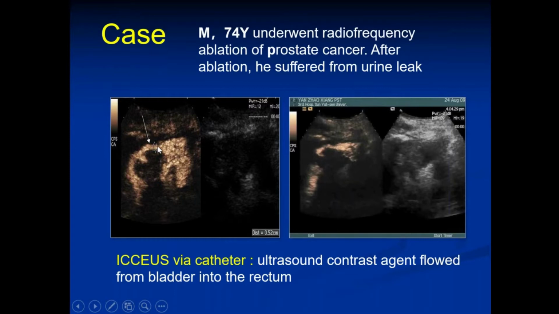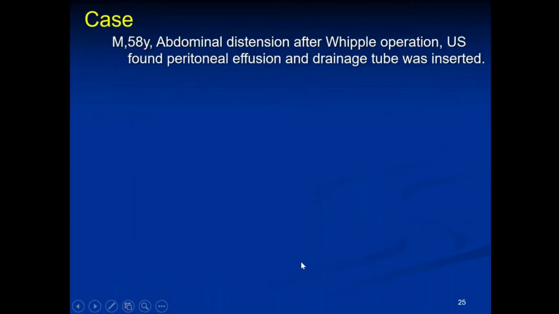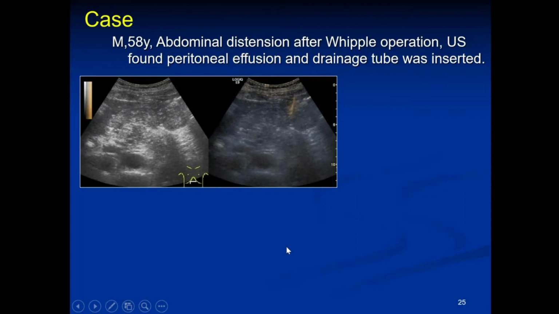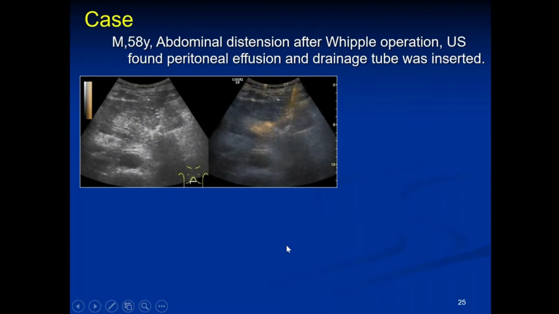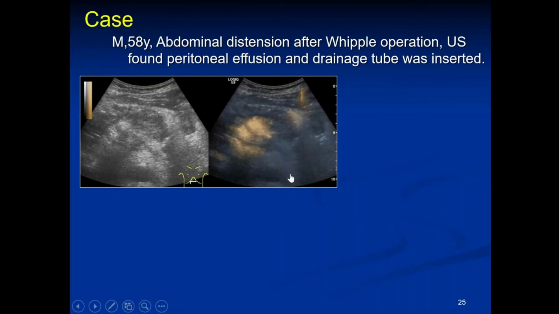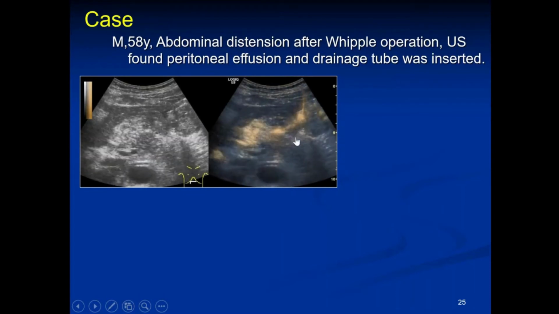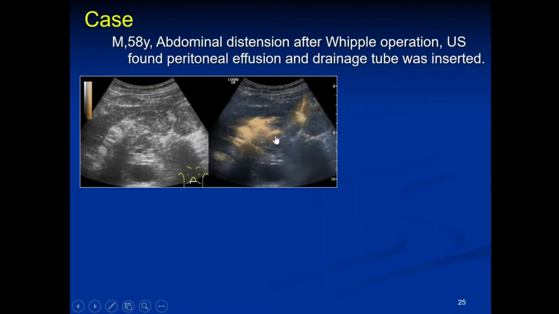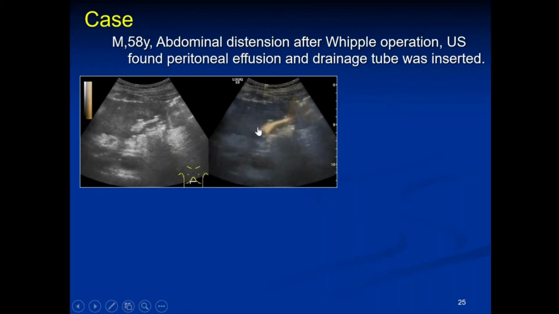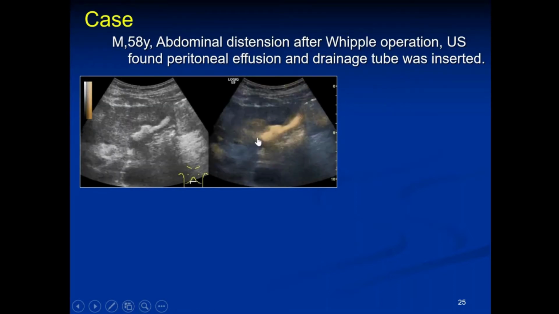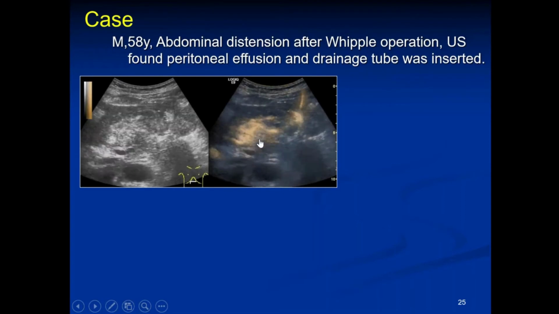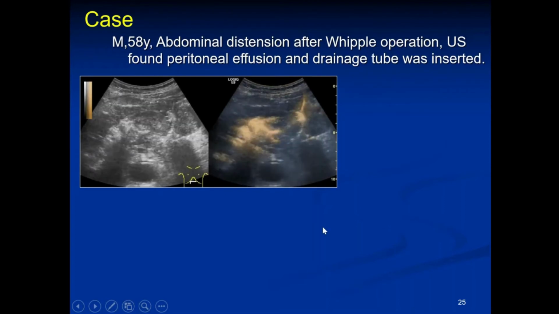This patient felt abdominal distension after a Whipple operation. Ultrasound found peritoneal effusion and a drainage tube was inserted. When we injected diluted Sonovue, we found that not only the local effusion, but also the jejunum were filled with Sonovue. That means there is a gastrointestinal fistula here.